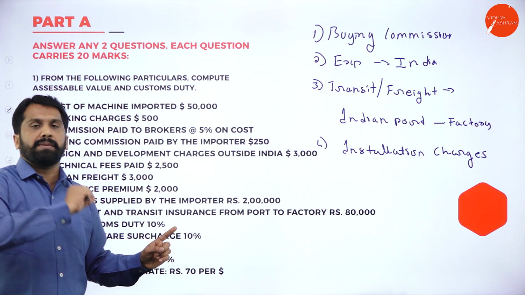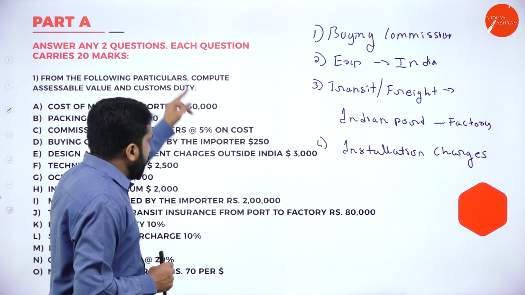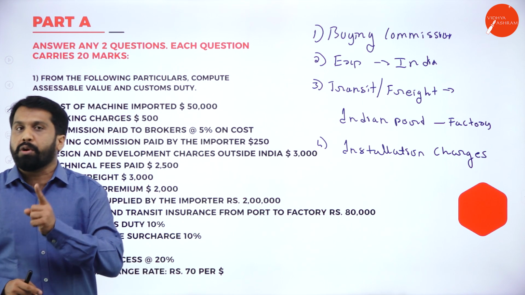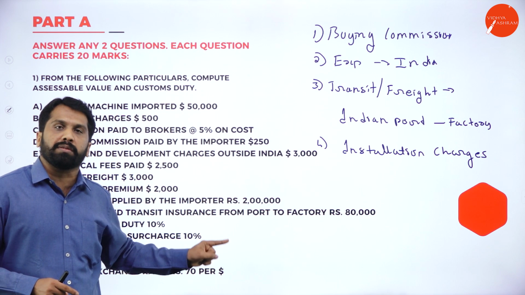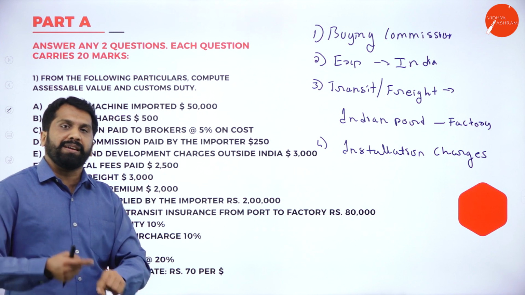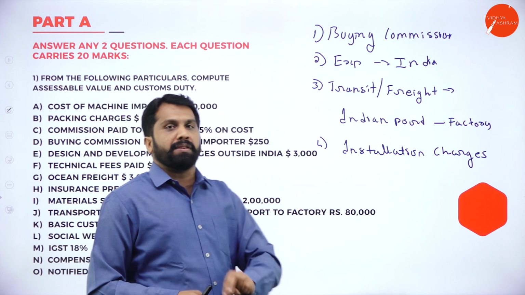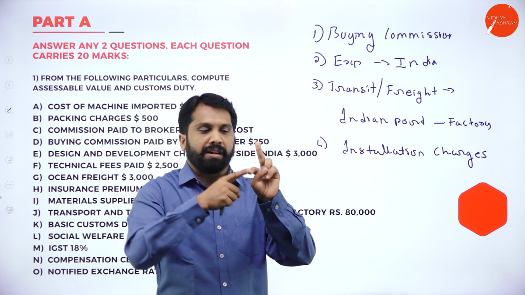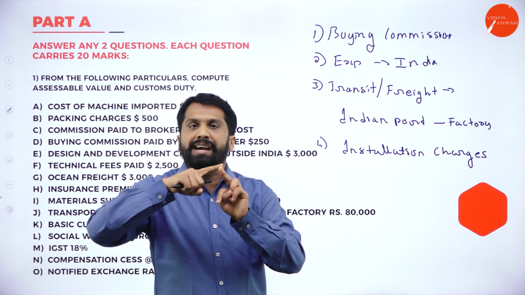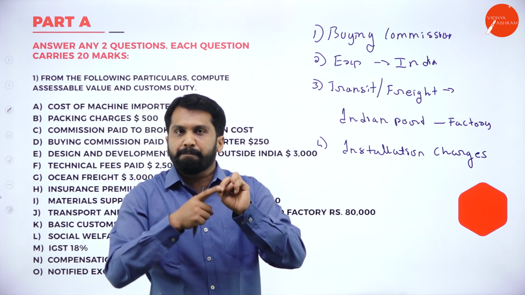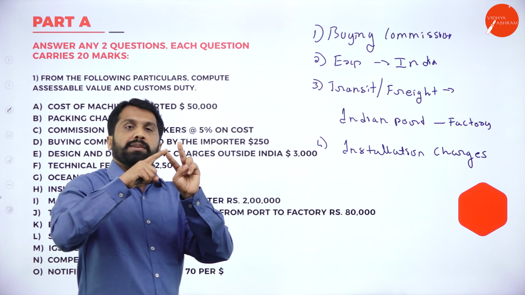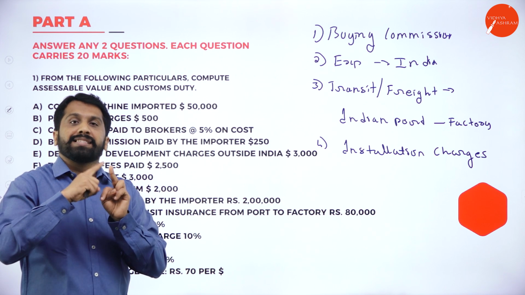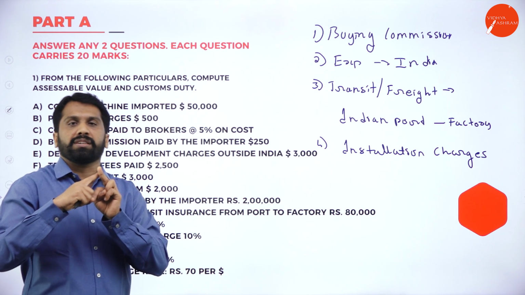Remember this, very important. Why? Because everything you need to convert from dollars to rupees. If you take the wrong rate, your whole problem is wrong. Again, I will repeat. Normally in the question paper, they will give you two rates: exchange rate as per RBI and exchange rate as per CB, meaning Central Board. You are not supposed to take the RBI rate, you are supposed to take only the Central Board exchange rate.